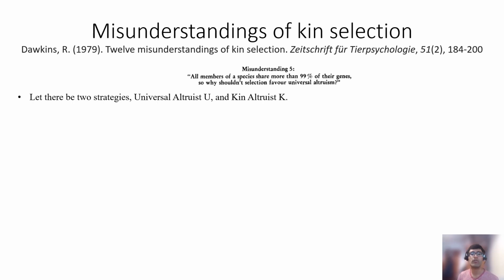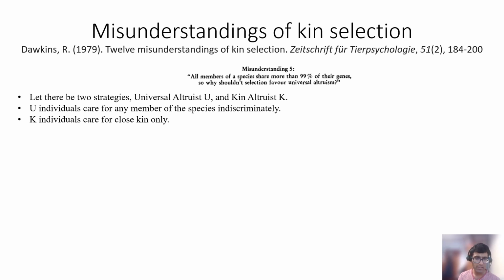Imagine that there are two strategies: universal altruist, which we'll call U, and kin altruist, K. U individuals care for any member of the species indiscriminately, so they'll care for anybody. They're very nice. K individuals are a bit more nepotistic. They care for close kin only.